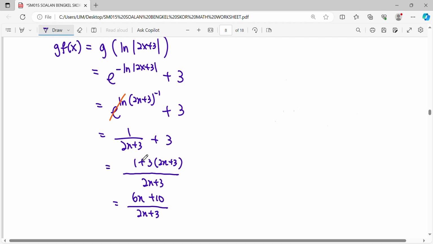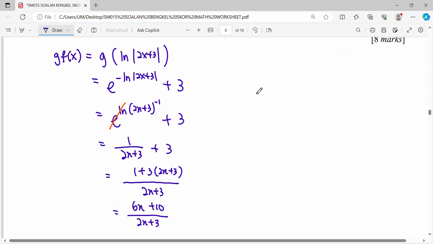Alright, or not, you misunderstood this is an ln function. No. Okay, so when you come to a rational function, you have to simplify the denominator to become a single fraction. Like this, we haven't simplified yet. You have to simplify until one denominator, until the last stage. Then only we continue for the composite inverse.